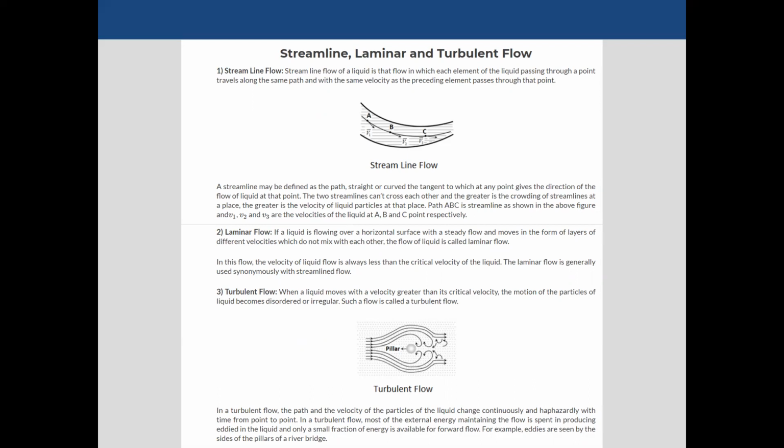Turbulent flow is when a liquid moves with a velocity greater than its critical velocity. That is an important term, critical velocity. Whenever the fluid is flowing above the critical velocity, which is defined by its viscosity, the motion of the particles of the liquid becomes disordered or irregular, and this motion is called turbulent.